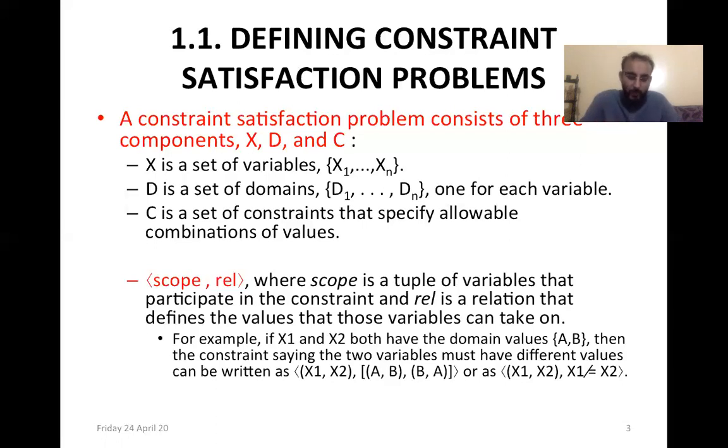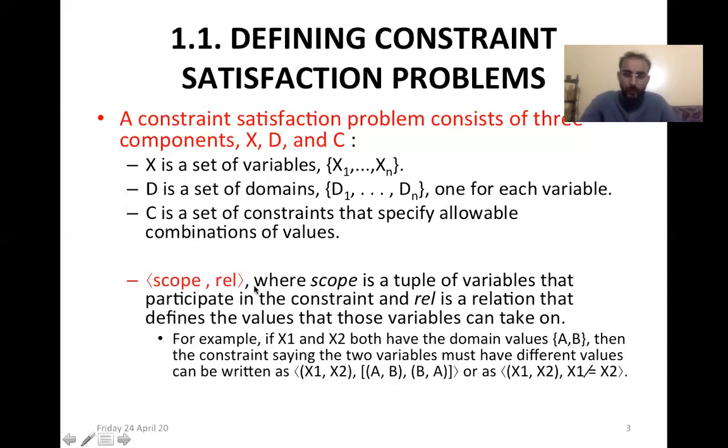Now one person can ask you to represent all your constraints, or present all your conditions, so we have a formal definition. The formal definition to represent the constraints is as written here: scope, comma, rel. Rel is for relation.